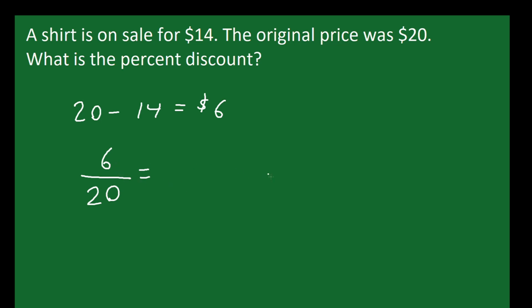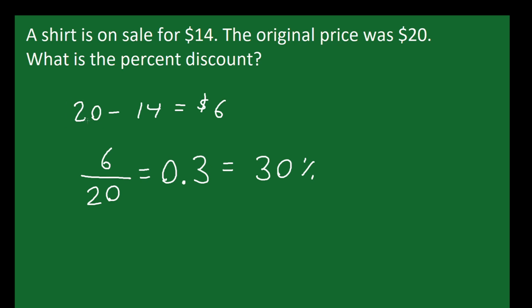So 6 divided by 20, that will be 30%. Or I should say, when you put this into your calculator, initially the answer you get will be 0.3, which we then know is 30%. We know that because if you move this decimal twice, the number becomes 30. So the answer to this, what is the percent discount, will be 30%.